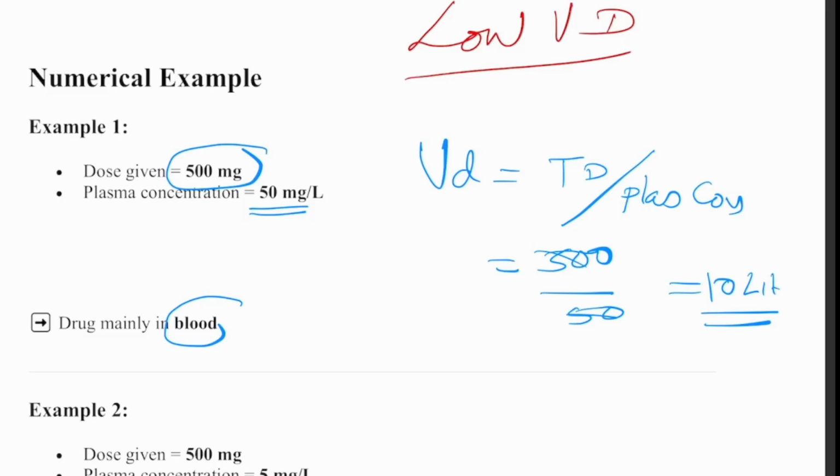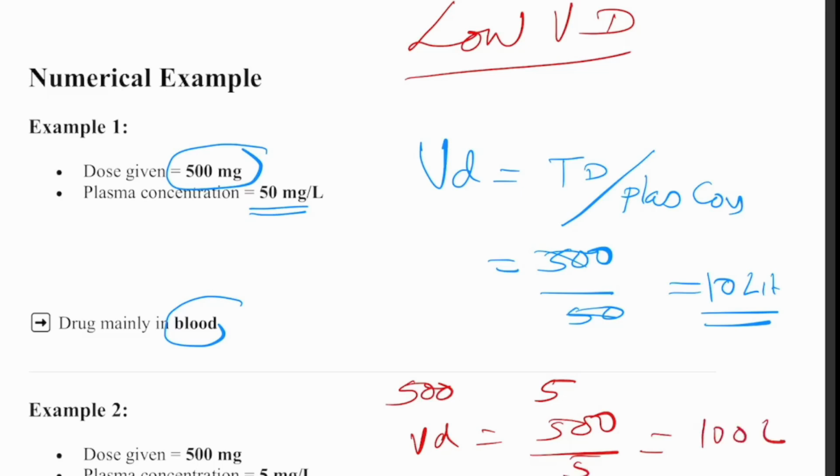Take another example, the same dose 500 milligram given, plasma concentration is 5, so the volume of distribution is equal to 500 divided by 5, so it will be 100 liters. So this explains, as mentioned, it is not an anatomical volume, it is a concept, it's apparent volume.